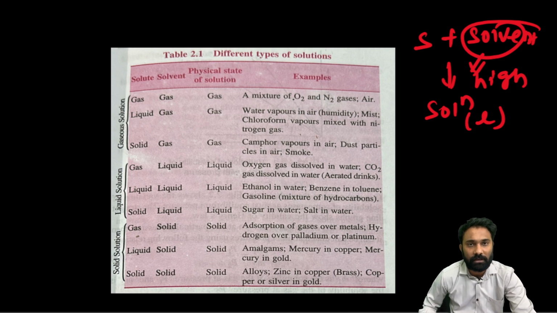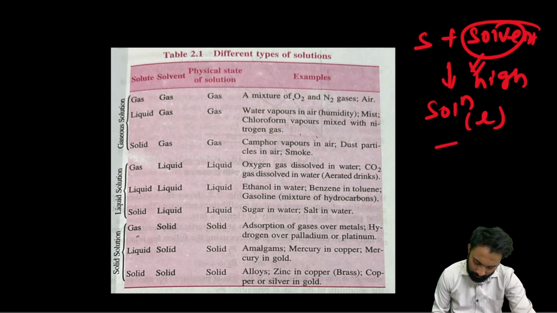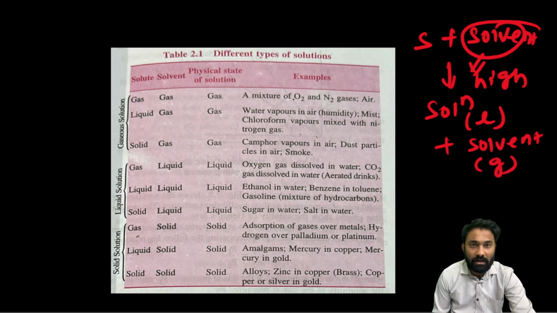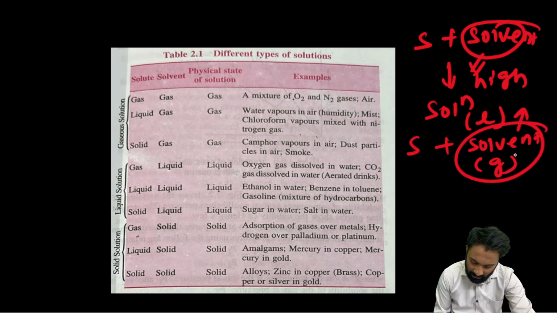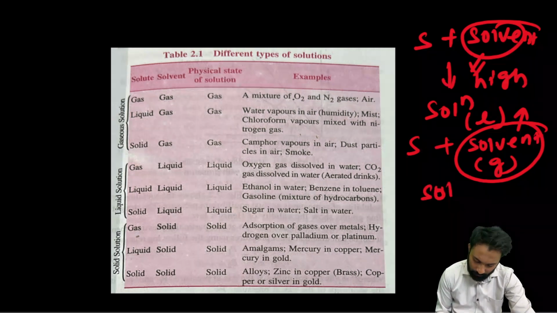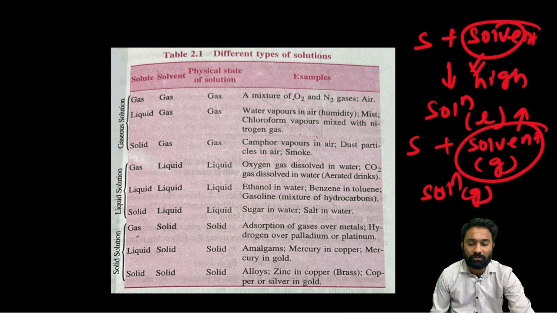Then if the solvent is gas and the solvent quantity is high, that solution is a gas solution. If the solvent is solid and its quantity is high compared to the solute, that solution is a solid solution. Clear?